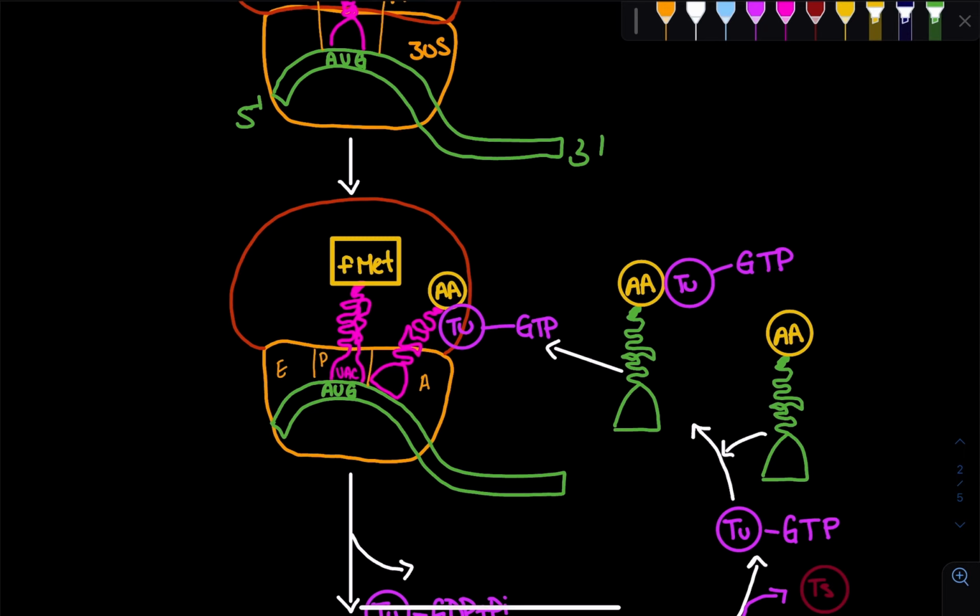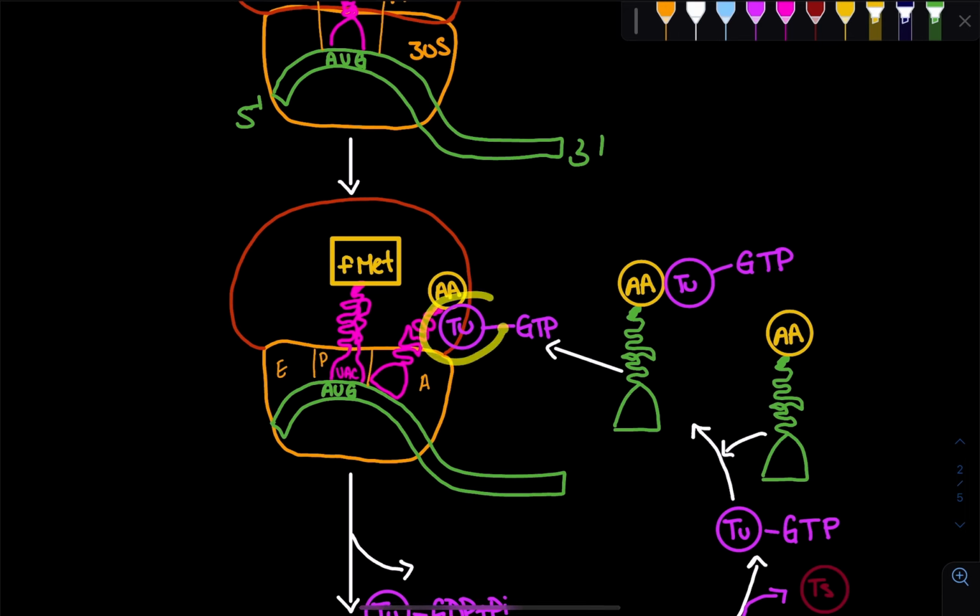But what's interesting is that this tRNA is coming into the A site. And when it comes into the A site, it has this elongation factor bound. It's important to understand that during the initiation stage, we had initiation factors. But during the elongation stage, we're going to have elongation factors.